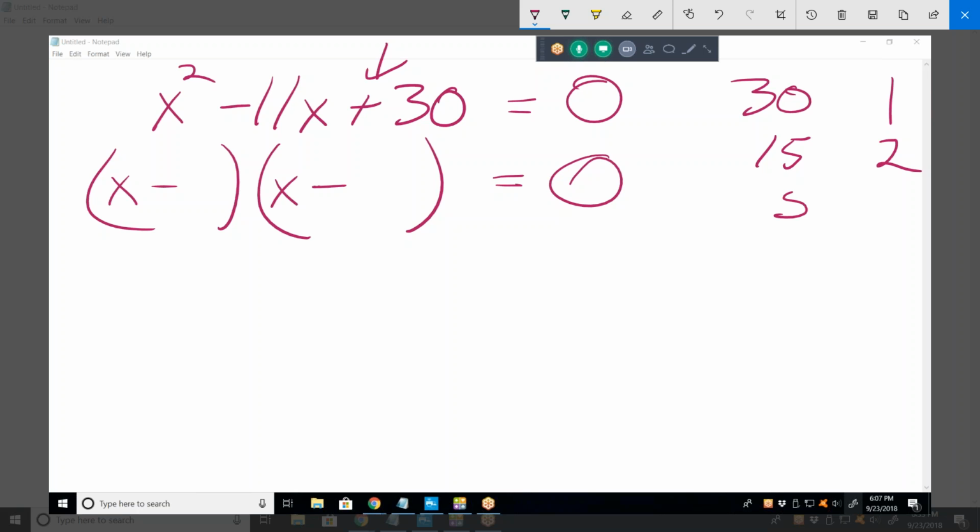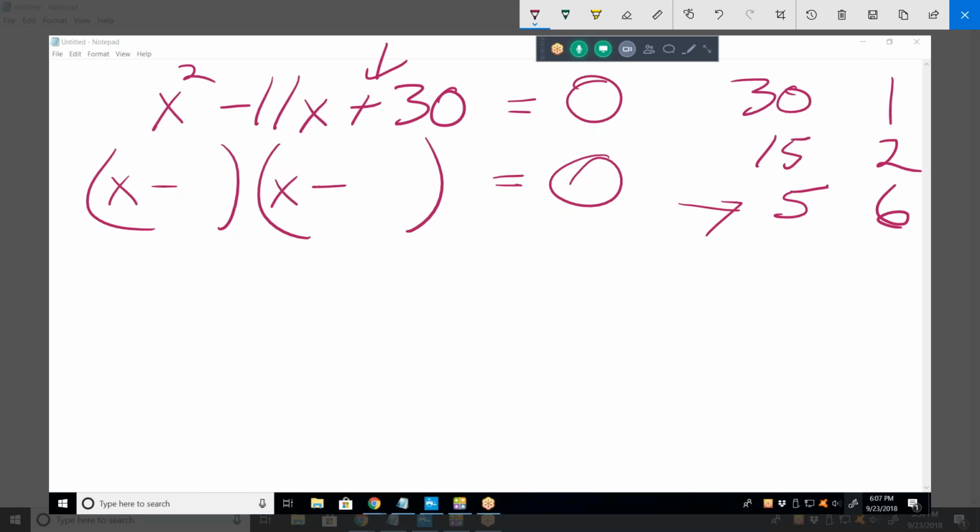So since I took a third of 15, what do I have to do with the 2? Multiply it by what? By 3. I took a third of 15. You always do the opposite. Multiply it by 3. Now I just found the two factors I'm looking for that add to 11.